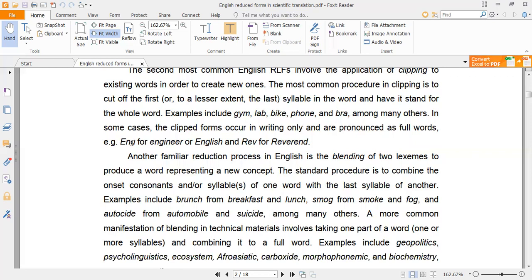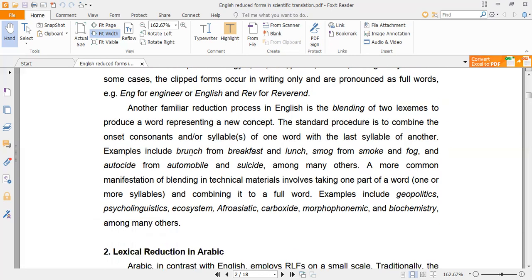For example, eng from engineer, whenever we see this, we pronounce it as engineer, but we can write it as eng. Okay. Also, blending.